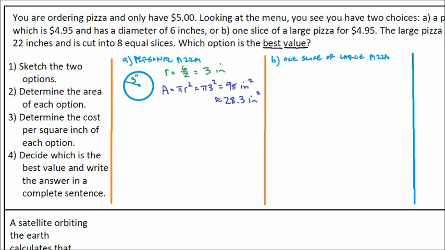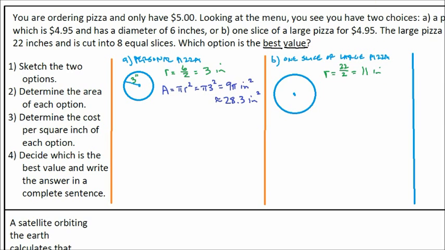Alright, and if we sketch out the large pizza, and we put a center there, we're told that the diameter is 22 inches. Let's figure out what the radius is. The radius is 22 divided by 2, which is 11 inches.